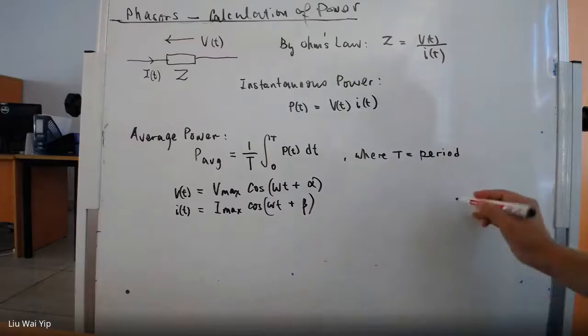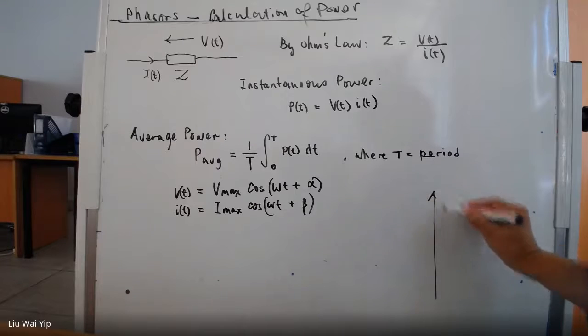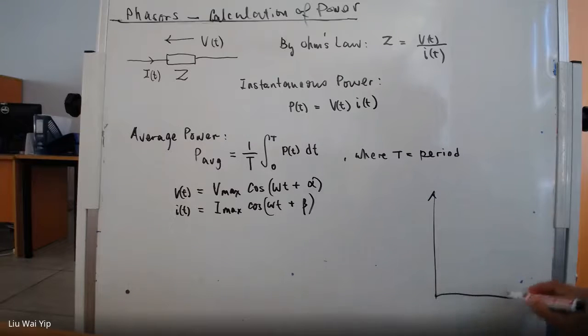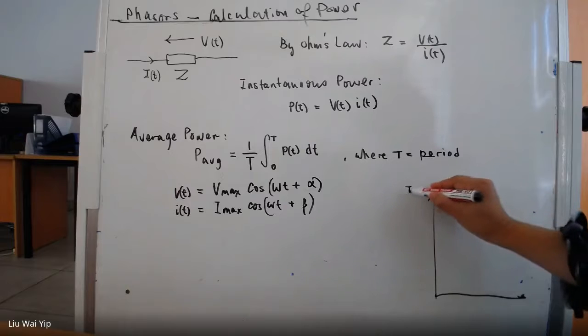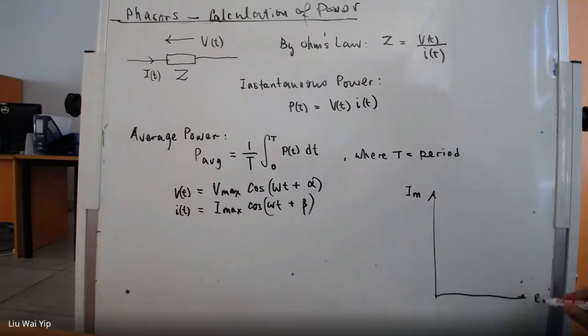So in a phasor diagram, you have an imaginary axis here, and you have a real axis here.